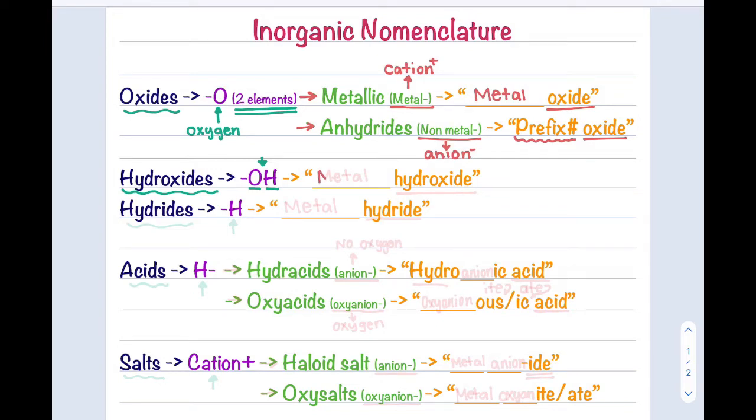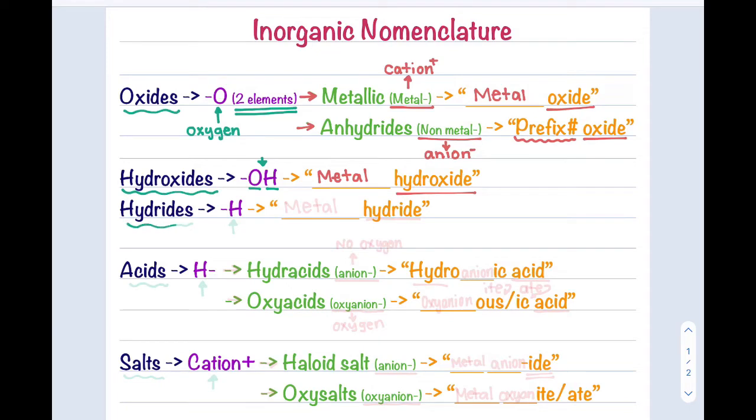And in the name, they start as well with the name of the metal, where you need to consider if they have a single oxidation number or a variable oxidation number, and then you're going to write the word hydroxide. You can identify them with the name. If it says hydroxide, then you can say automatically that you're talking about a hydroxide.